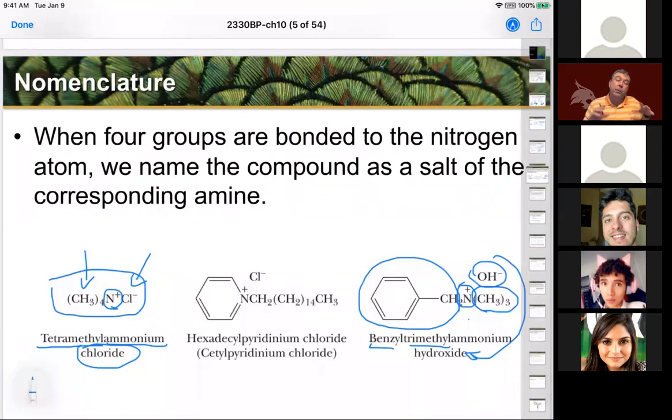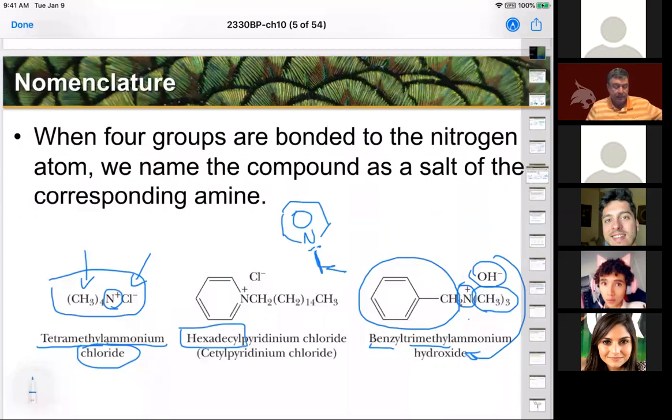When we have the pyridine, or the aromatic amine, like this right here, it still has a lone pair, but it already has 3 bonds to carbon. So by just bonding something else to it out here, it turns into a different material. It still uses those electrons to make that new bond, and it still has a positive charge. In this case, we name what the alkyl group is.